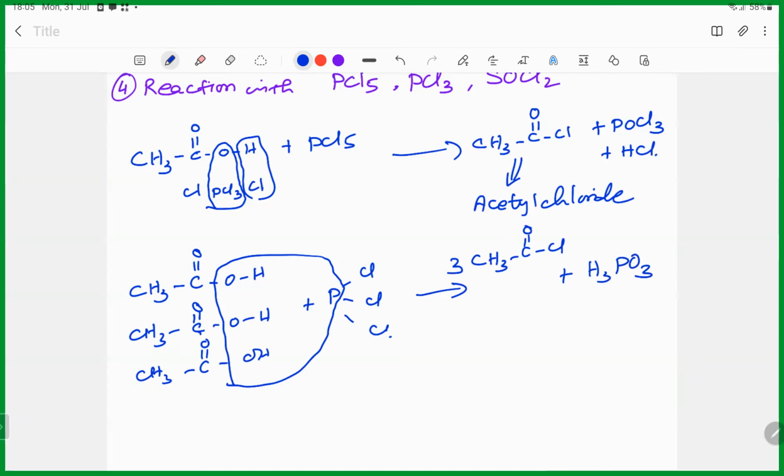All the chlorine will be displaced. First, with PCl3, CH3COOH gives CH3COPCl2 plus HCl.